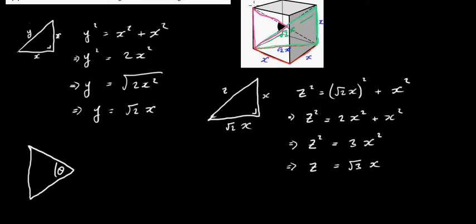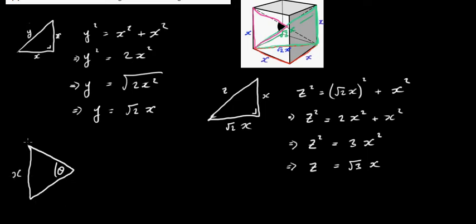Okay, well, we can see that this distance up along here is just going to be x. So this distance here is just x. Now let me just write that in here. So we got x along here.